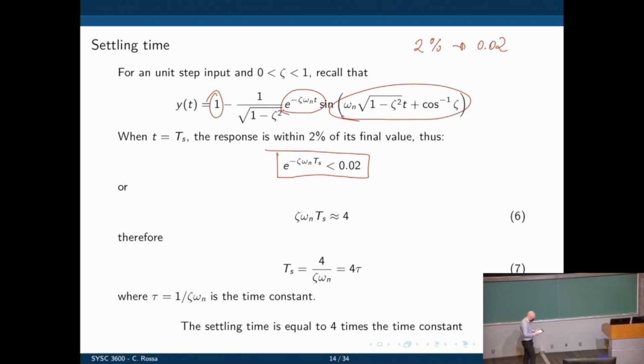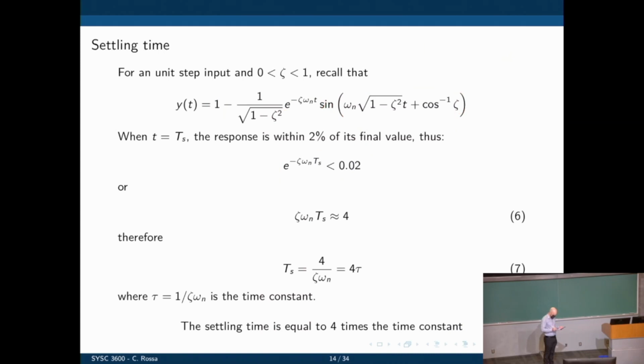Okay. So in order to find the settling time, all we have to do is take the exponential component, equate that to 0.02, and then find the value of t. Let's call this capital TS, the settling time, and then solve for it. And when you solve for this, it's easy.